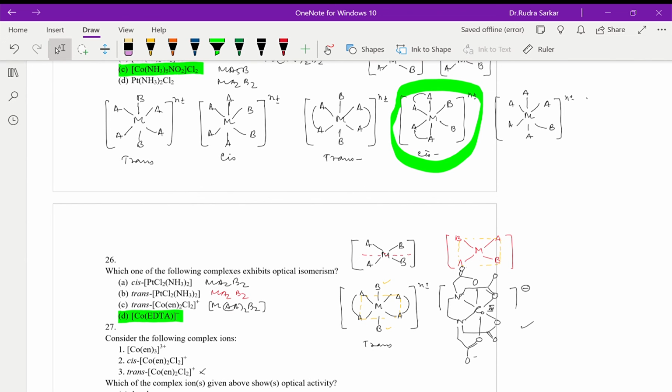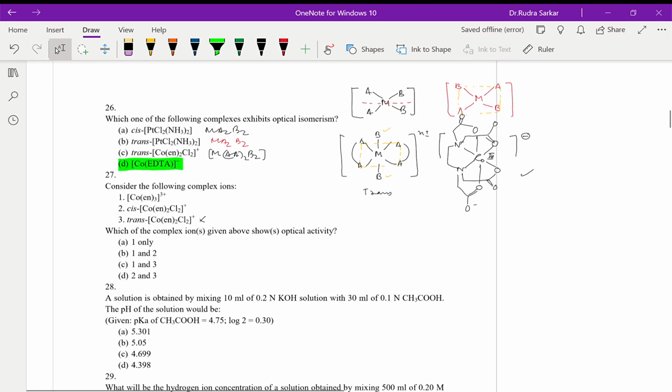Now this complex also does not have any plane of symmetry, so there will be a mirror image for this particular complex, and I will draw that for you. So you have M, and the mirror image for this will be drawn.